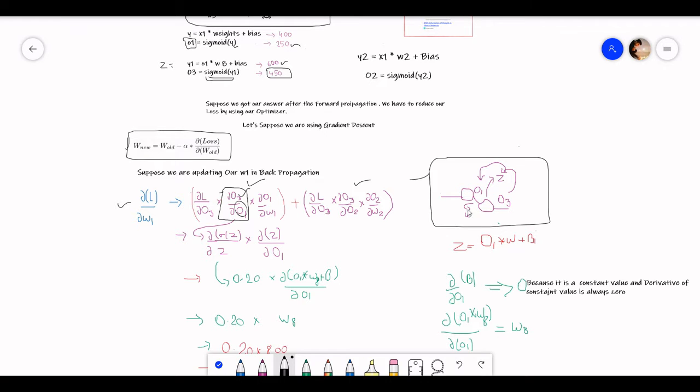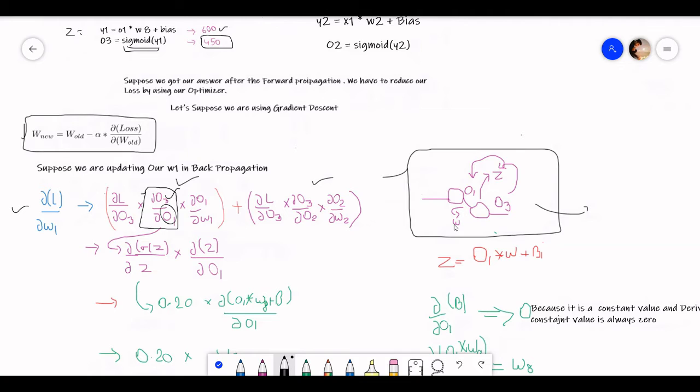So can we use the chain rule inside the chain rule? It simply means suppose there are our weights. Here we are having our updates and this is the value of O1 and this is the value of O3. Can we say we are providing Z over here, because Z is nothing but O1 multiplied by weights plus bias, and we are providing this over here.